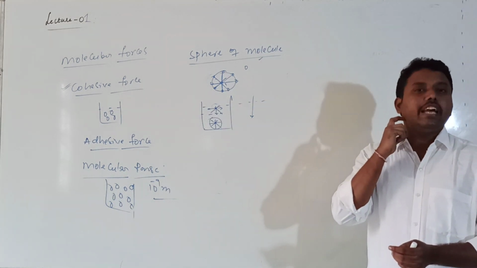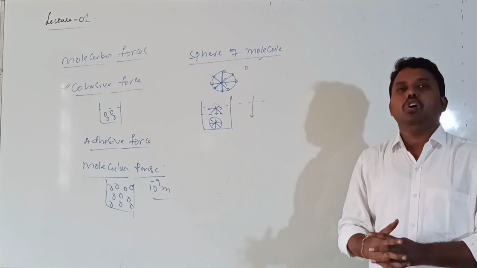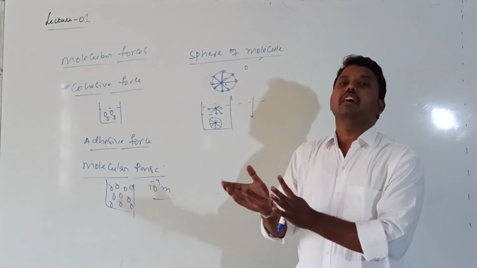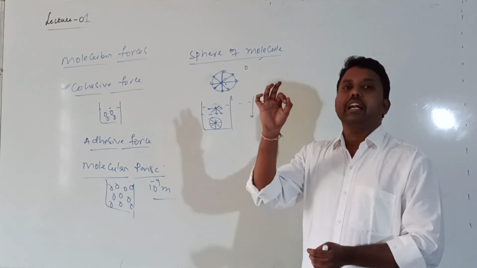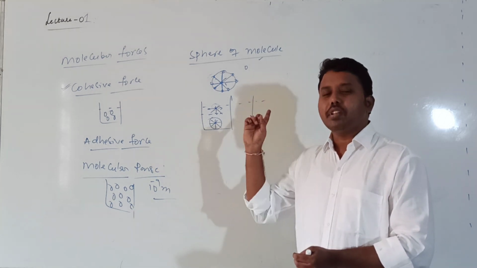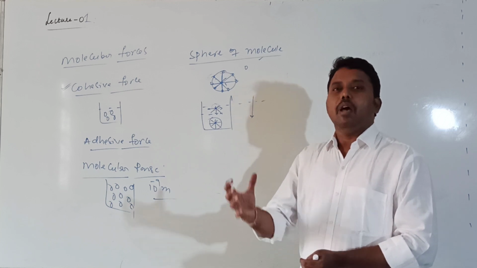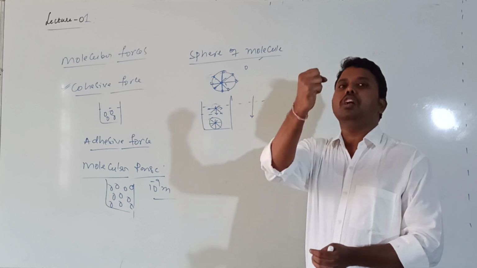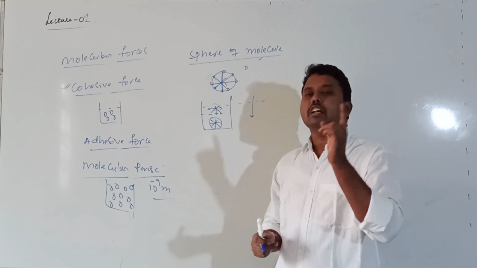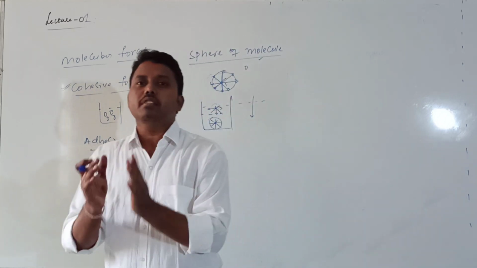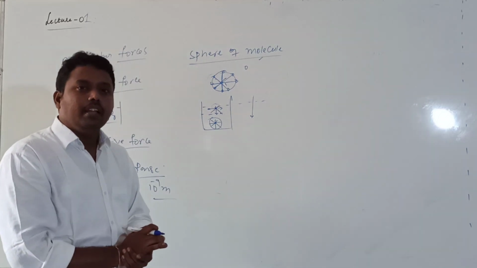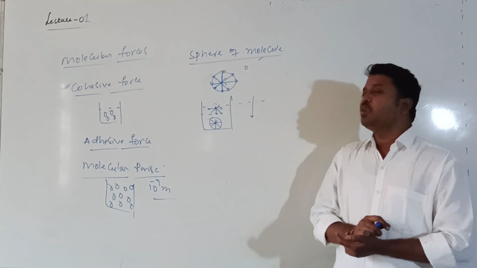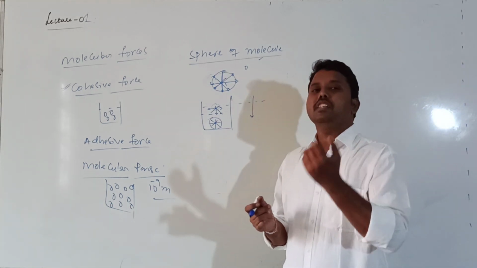Liquid will always try to obtain the least surface area. Because of the property of surface tension, a raindrop is spherical in shape. Among all shapes, a sphere has the minimum surface area. Only when the molecules on the surface are minimum will the surface area be minimum. So due to that, it will be spherical in shape.